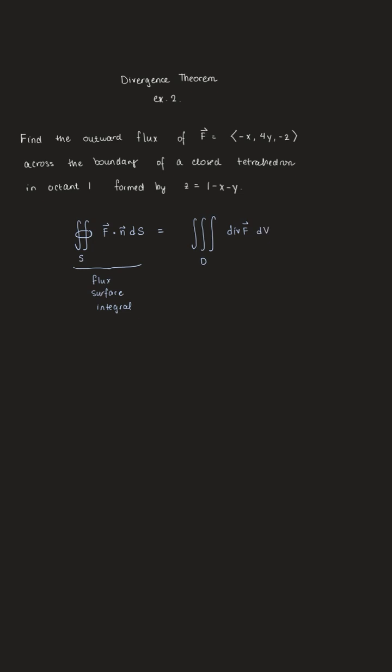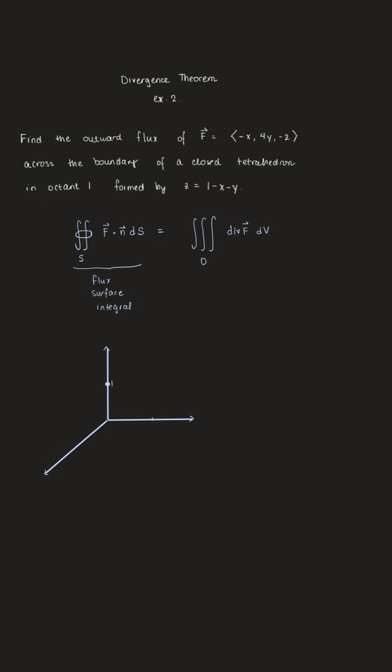All right, so let's sketch a diagram of what we have. We have a plane in the first octant, and it's going to form our tetrahedron. Our plane has x, y, and z intercepts, each one at 1.